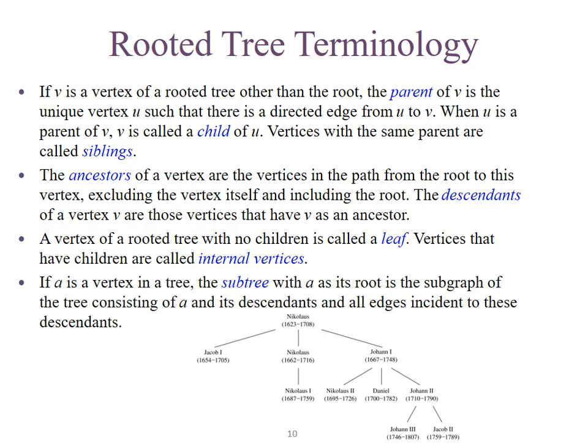If you take Nicholas as the ancestor, then these vertices are all its descendants. In this example, all the other vertices are descendants of Nicholas. And for this other vertex, we have these vertices, and they are all descendants.